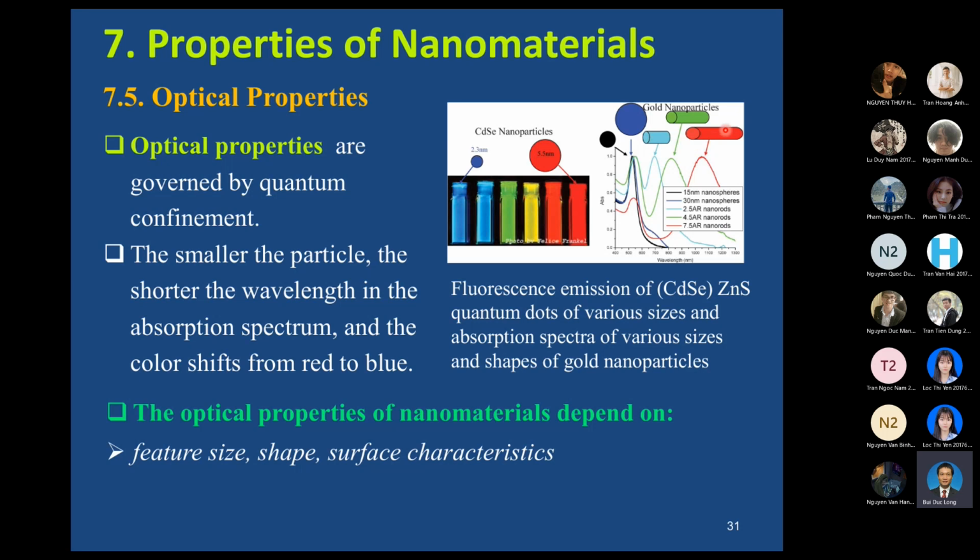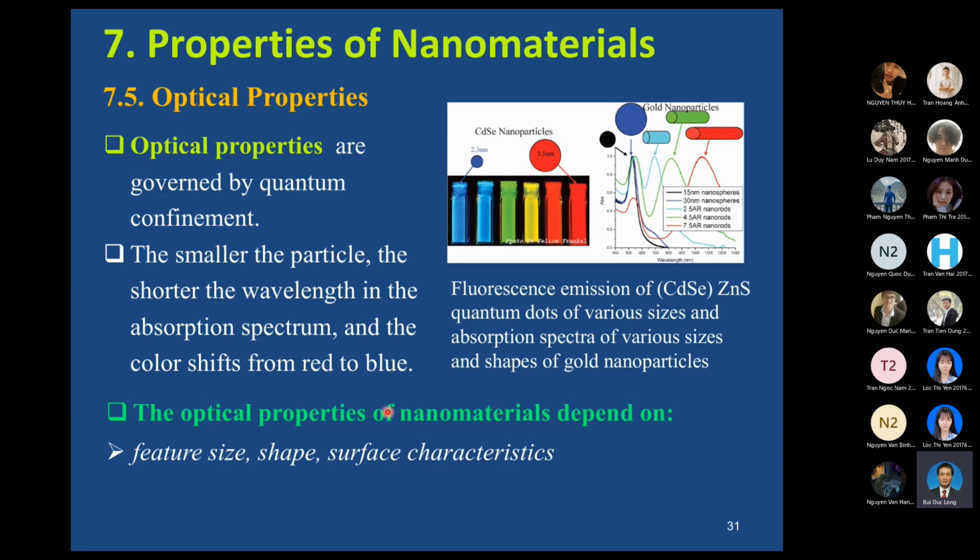This is the same with the rod, but with changed size, so the absorption of light is also different here. It is different for particles and different for nanorods. So this is also a very interesting property of nanomaterials.